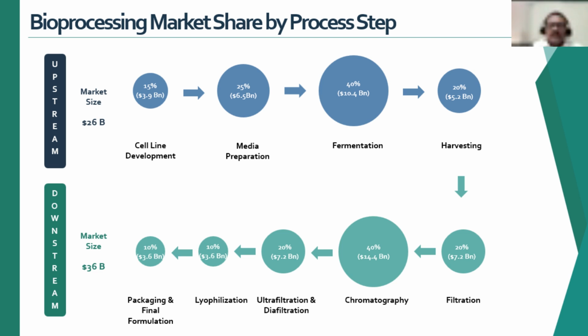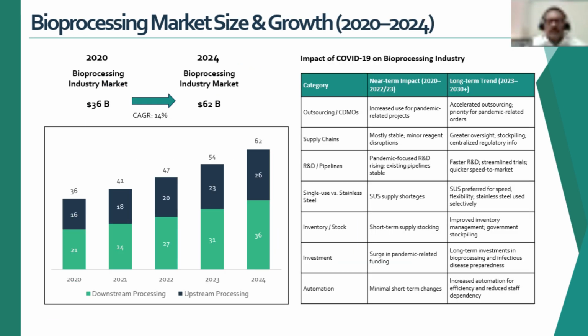So this split of the market by each phase of bioprocessing helps the companies or investors to understand where they should focus their products, or where they should position their products across the bioprocessing workflow.